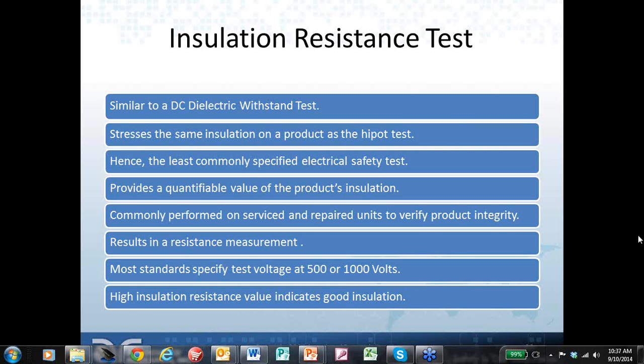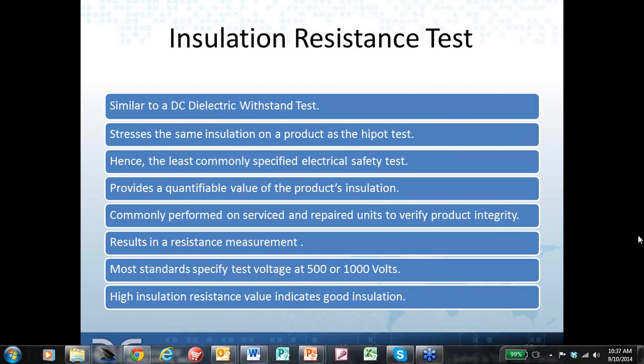Next, a common question regarding the insulation resistance test is, what is the difference between a mega ohm meter and an insulation resistance tester? Well, essentially they are both the same. A mega ohm meter refers to an instrument whose meter is usually scaled to read in the mega ohm value, or millions of ohms.